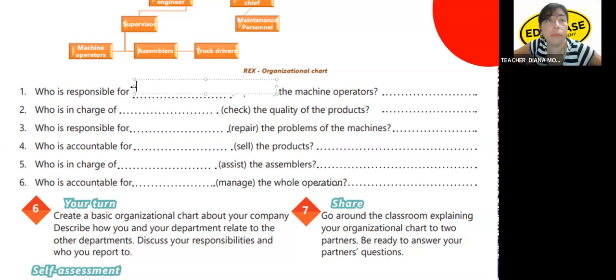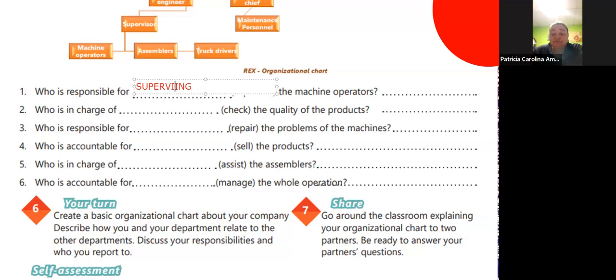Because we have a preposition. So in that case, who is responsible for supervise? No, because we have a preposition, so I'm gonna add ing. Who's responsible for supervising? It's with S.